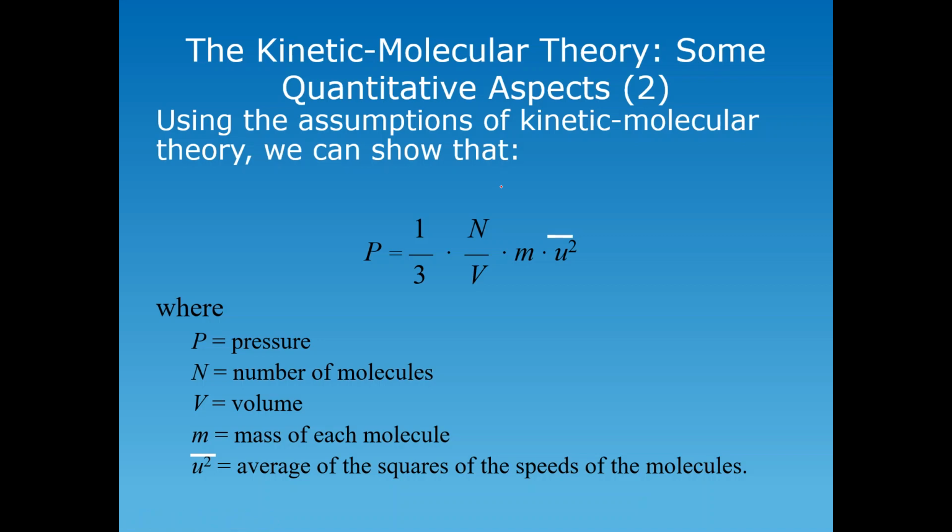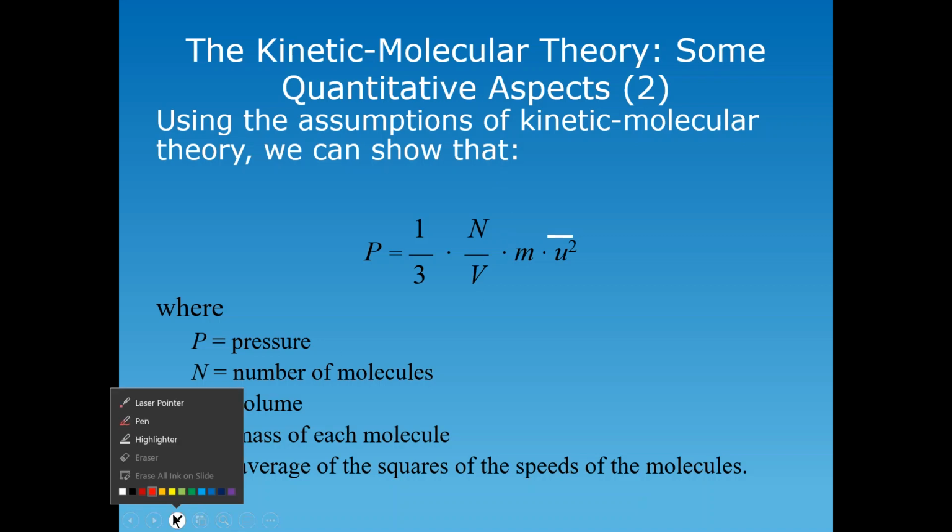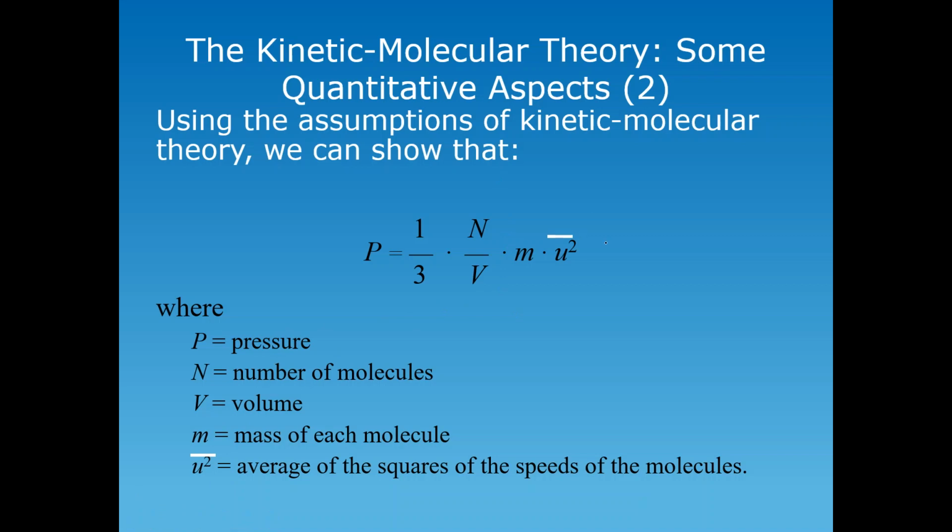So what that term means is that u squared bar is equal to the square of the speed of gas molecule 1, plus the square of the speed of molecule 2, plus the square of the speed of molecule 3, all the way to the square of the speed of the nth gas molecule, all of this divided by the number of gas molecules.